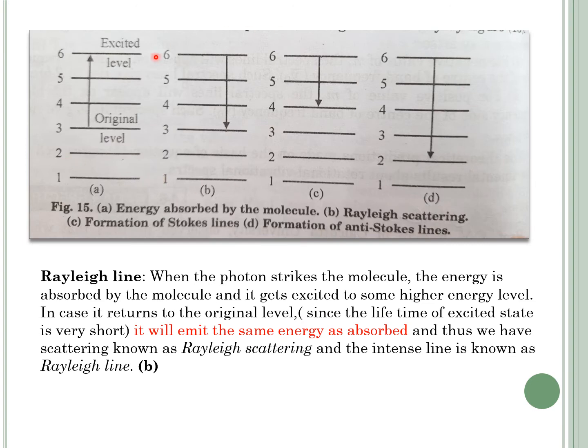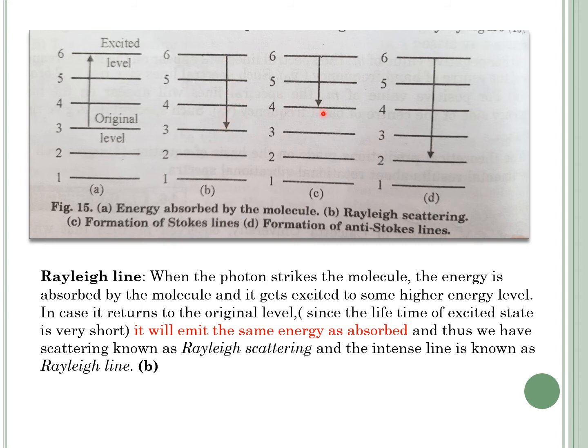Now here you can understand properly again the origin of the Rayleigh scattering, then the Stokes line and the anti-Stokes line. Suppose these are the different energy levels shown here. This is the original level and the substance is excited to a higher energy level. Suppose the scattered light is returned to the same energy level, then this type of scattering is called Rayleigh scattering.